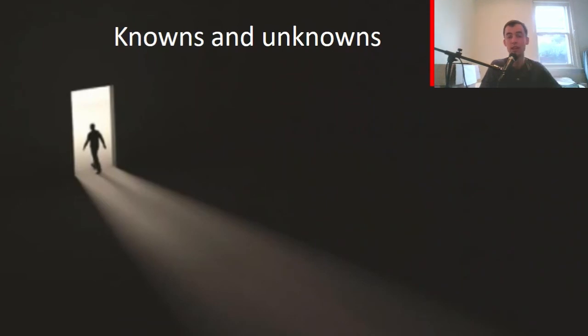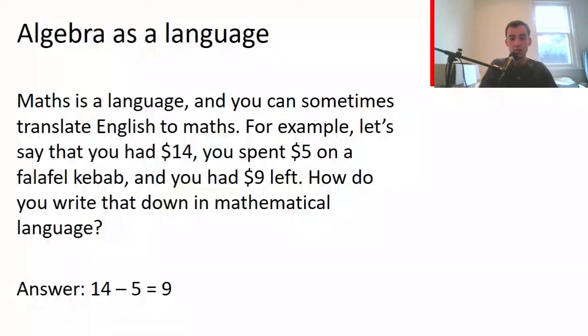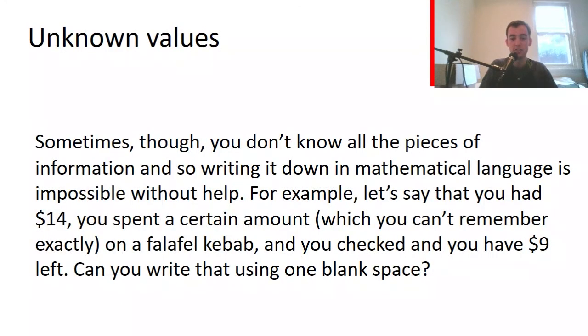All right, so in algebra, there's this thing called unknowns. So when we move from this to the next stage, we start introducing algebra. So let's say you don't know all the pieces of information in this picture. And let's say you had $14 and you spent some amount of money, but you don't remember how much it was on a falafel kebab.